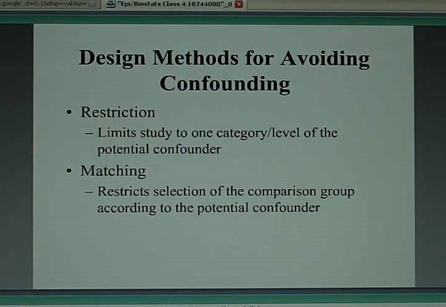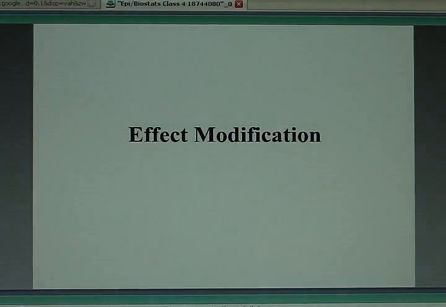In the analysis, the way we control for confounding is either through stratification or generally through modeling. Modeling is what we'll be talking about in a few statistics. So let me just end today by talking about one last concept called effect modification.